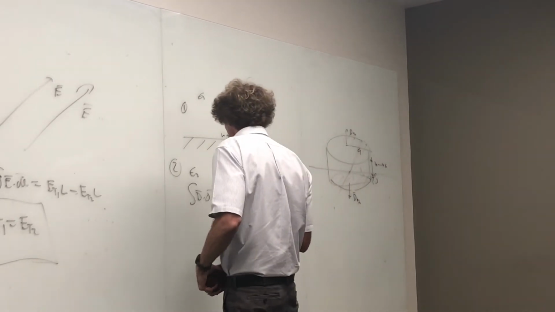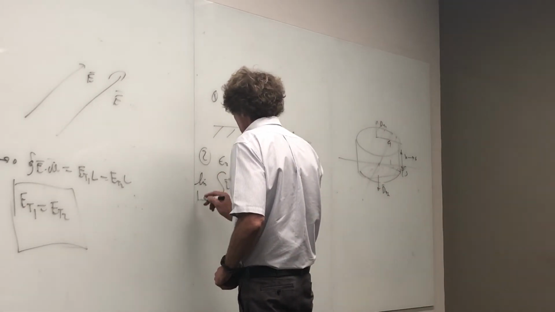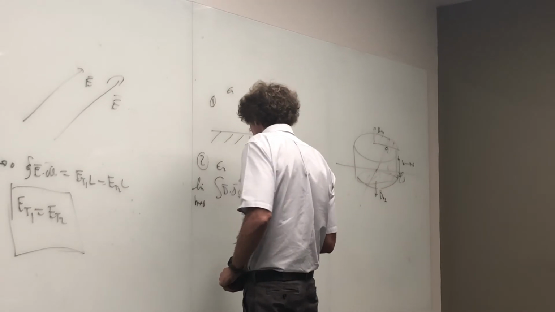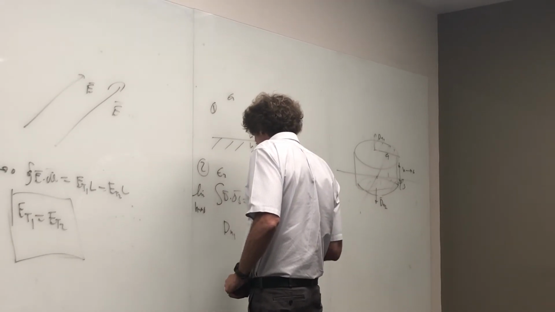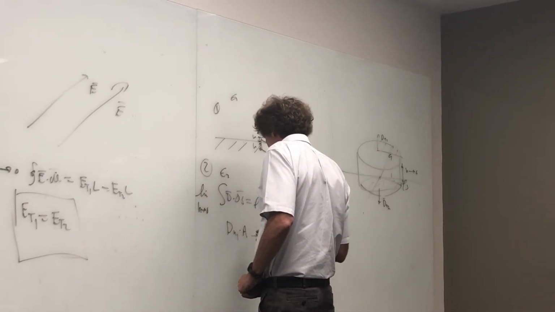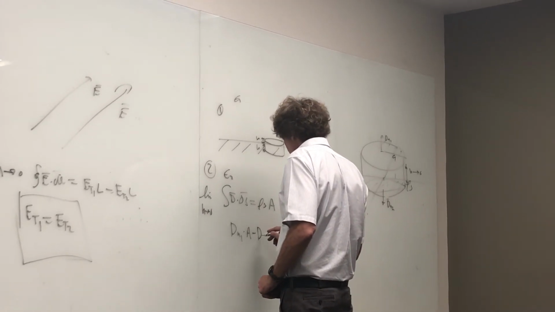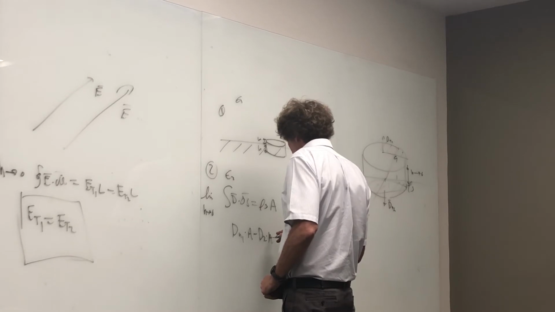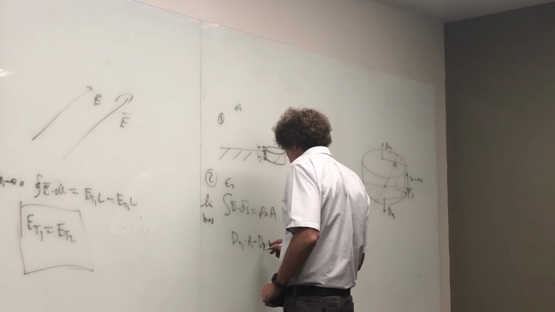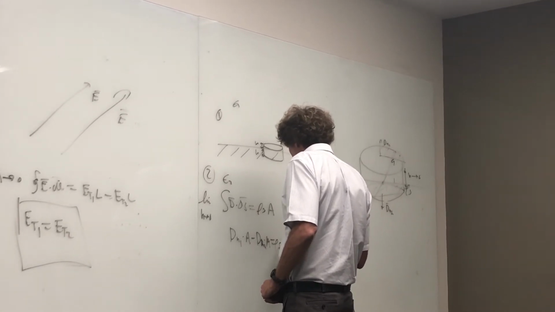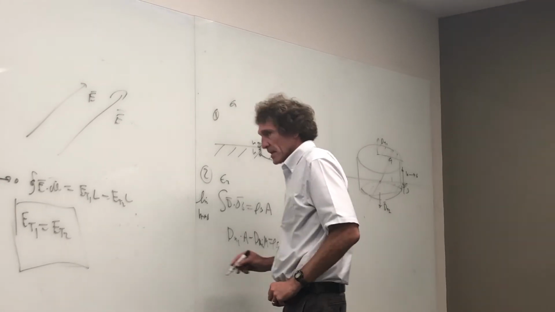So in the limit, as h goes to 0, I'm going to get D normal 1 times the area, minus D normal 2 times the area, is equal to rho s times the area.